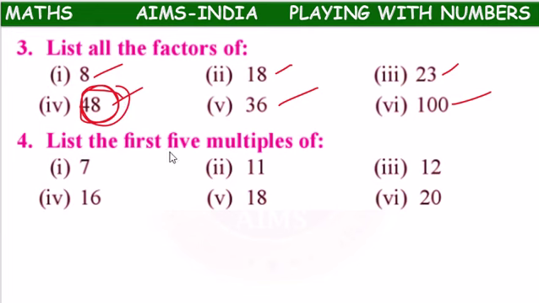Next, list the first 5 multiples of 7, 11, 12, 16, 18, 20. I'll write for 18. We have to write the first 5 multiples of 18.